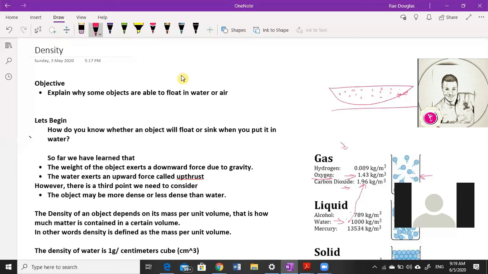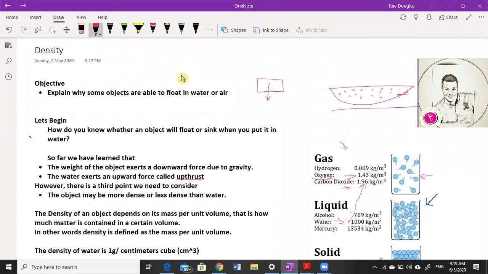Typically, when you have an object in water, there is the force of weight acting down on the object. Then we also expect that, if it's in water or air, there is another force called upthrust that is going to push it upwards.